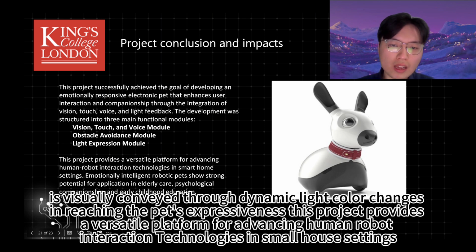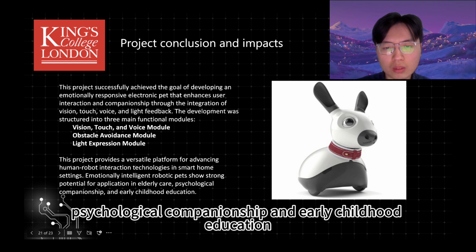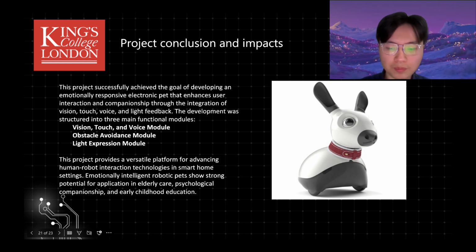This project provides a versatile platform for advancing human-robot interaction technologies in smart home settings. Emotionally intelligent robotic pets show strong potential for application in elderly care, psychological companionship, and early childhood education.